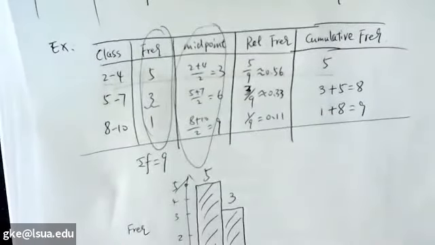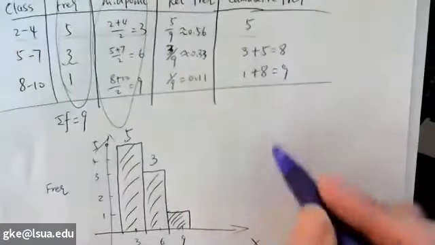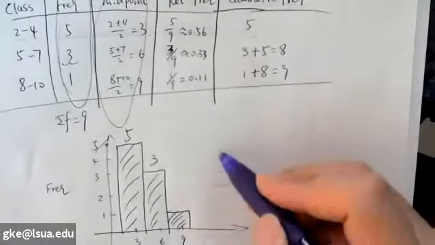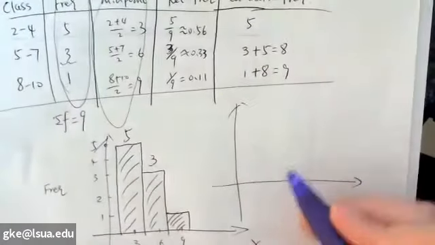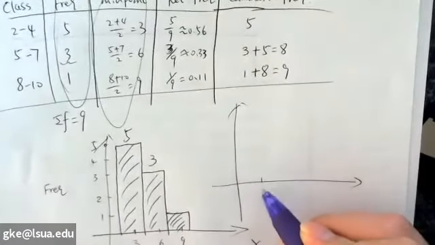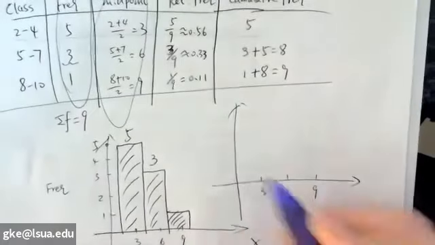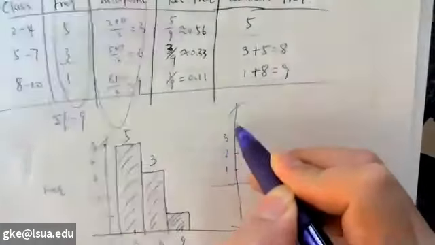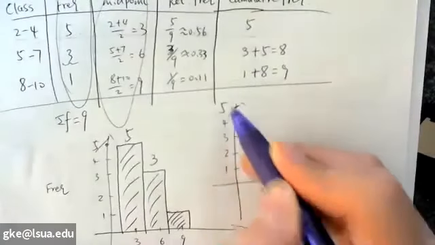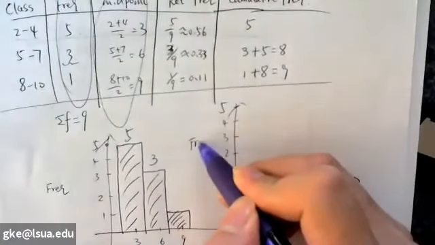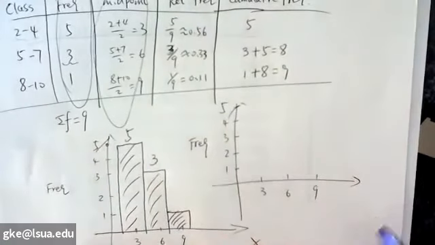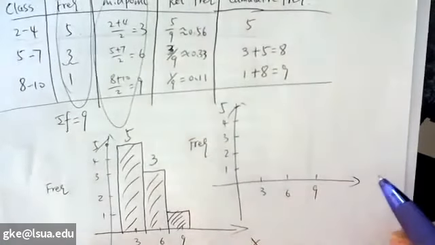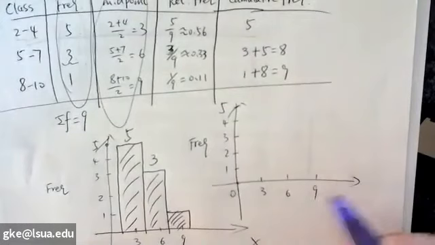Okay, I bet some of you already get it. Now I'm going to do it on the board. So here we have the x-axis, the same things, the middle points 3 to 9. And the y is the frequency. For the initial point, there should be a 0 here.